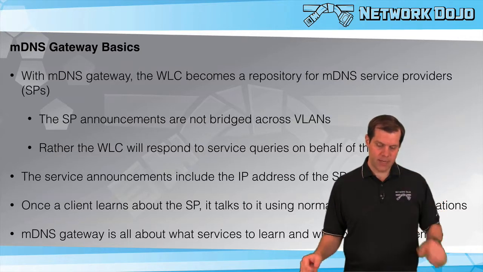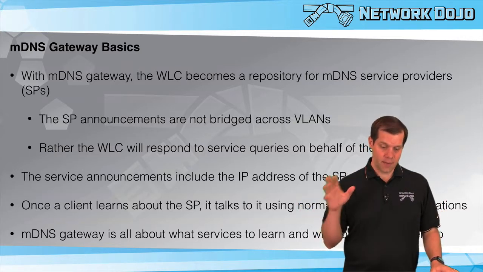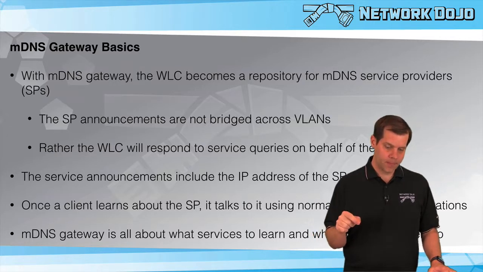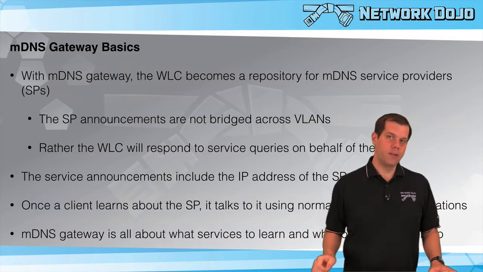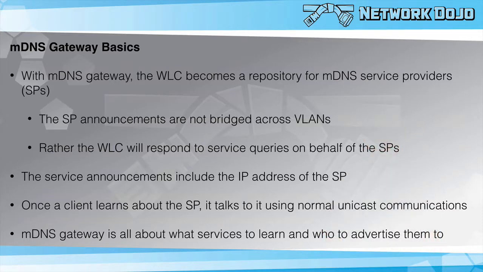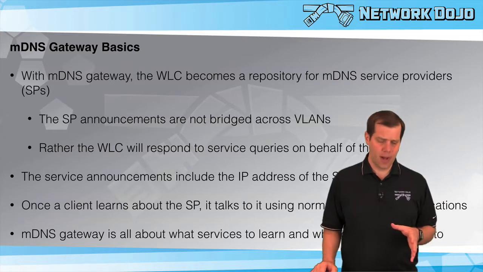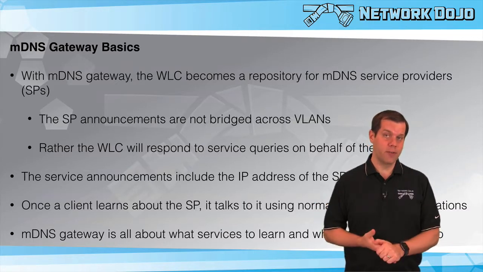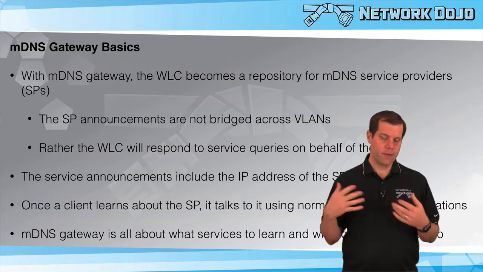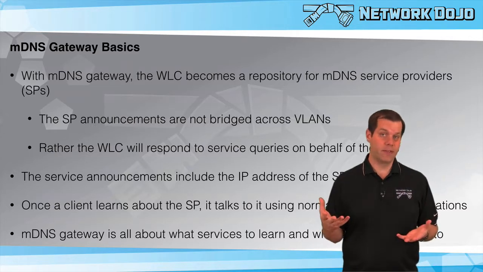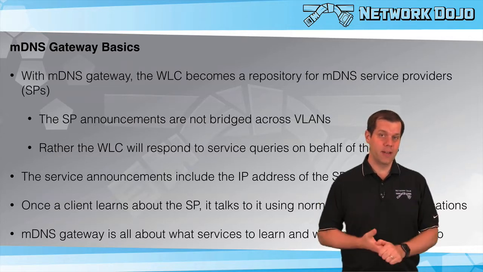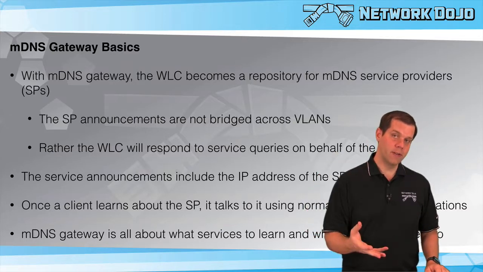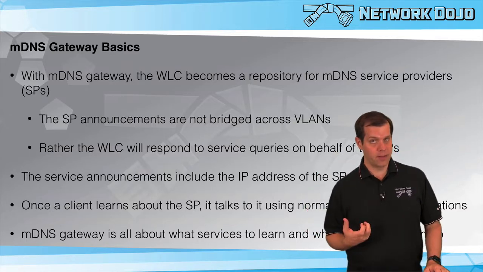So we never send unsolicited advertisements onto the wireless network once we turn this feature on. We only respond to specific queries. That's why, if you ever want to test this feature, you can't just use one of those general mDNS browsers that just listen for advertisements, because you'll never see one. You never see unsolicited advertisements on the wireless network. You need a client that can actually request a service, and then you get a response back.